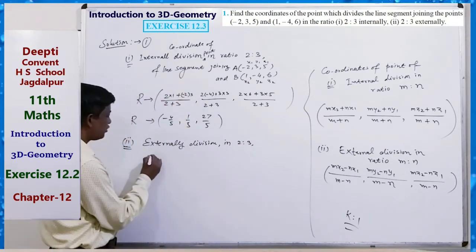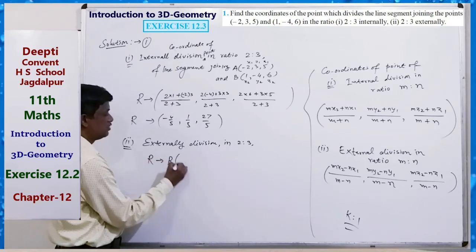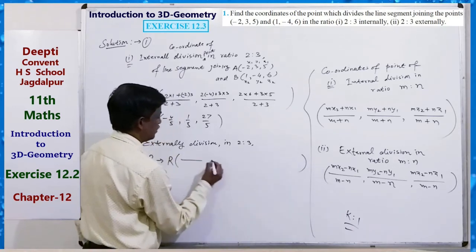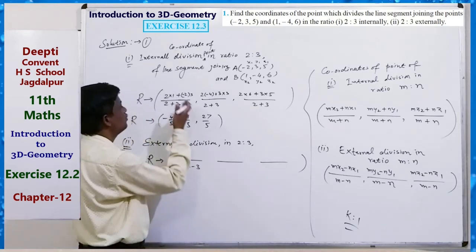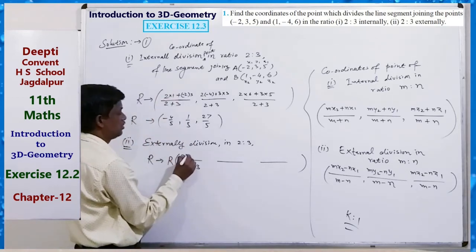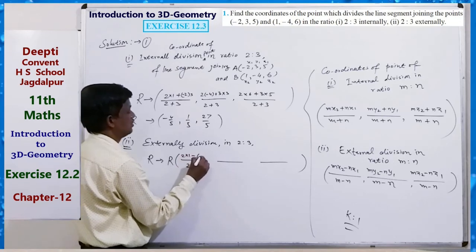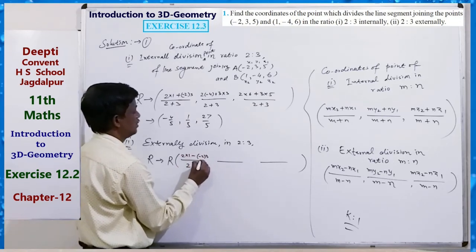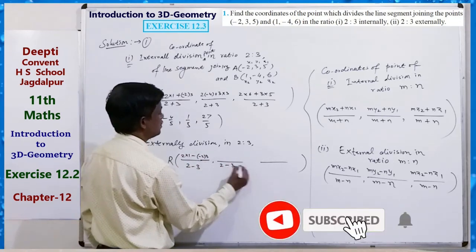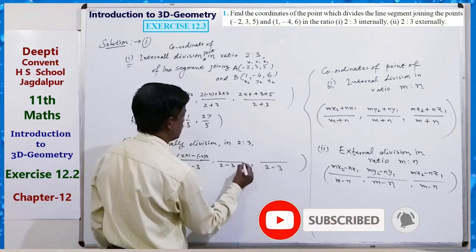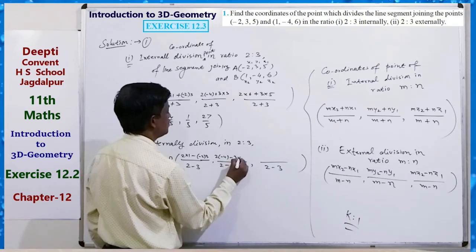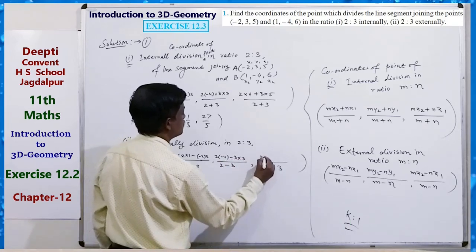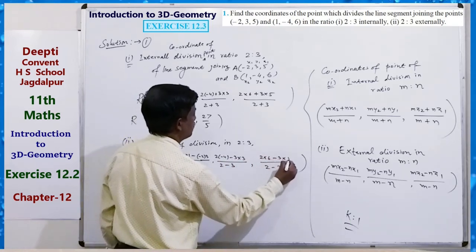So for r, take the negative sign: 2 minus 3, 2 into 1 minus 3 into minus 2, and here 2 into minus 4 minus 3 into 3, and 2 into 6 minus 3 into 5.